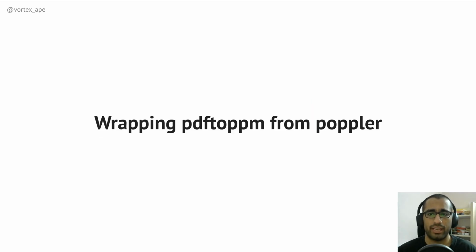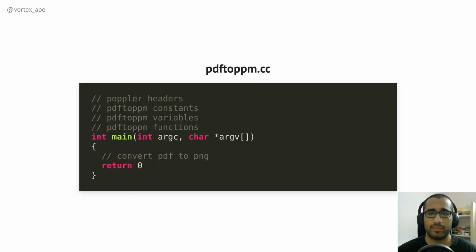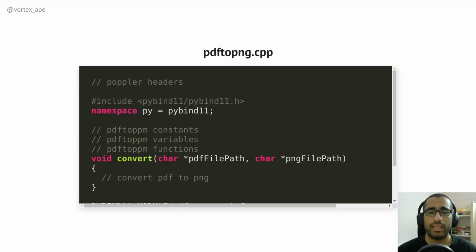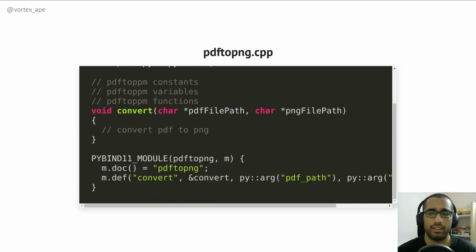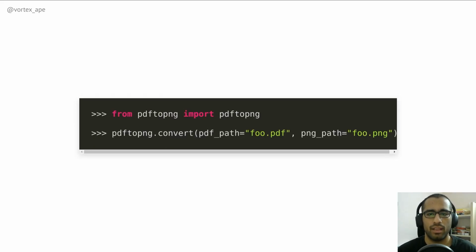In my case, where I wanted to wrap the pdftoppm Poppler utility, I could just take its C++ code with its header files and identifiers in the main function and turn it into pdf_to_png.cpp, where I change the name of the main function, pass in two parameters, the paths to the single page PDF and the output PNG, and initialize the pdf_to_png module with the PYBIND11_MODULE macro. And after building it for different operating systems, I could access the C++ convert function in my Python code like this. Let's look at how we can build extension modules that depend on shared libraries.